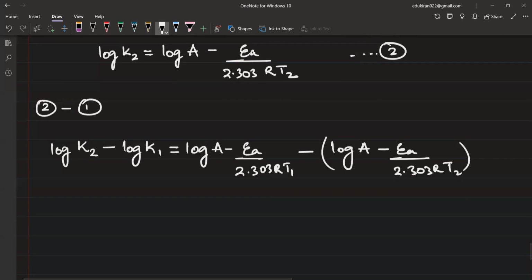From here you can see that both of these log A can get cancelled, because when the bracket opens, this log A will become minus log A. So plus log A minus log A will cancel each other out.